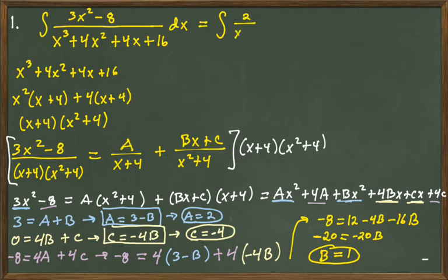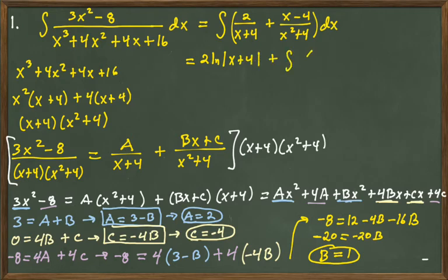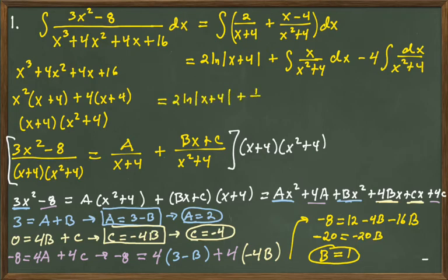So our integral becomes the integral of 2 over x plus 4, plus x minus 4 over x squared plus 4, and then we're going to integrate that with respect to x. The first part, 2 over x plus 4, is going to be 2 ln absolute value of x plus 4. Plus, we're going to split up the x minus 4 to be x over x squared plus 4, minus 4 over x squared plus 4, dx. For the x over x squared plus 4 part, we'll need to do u substitution.